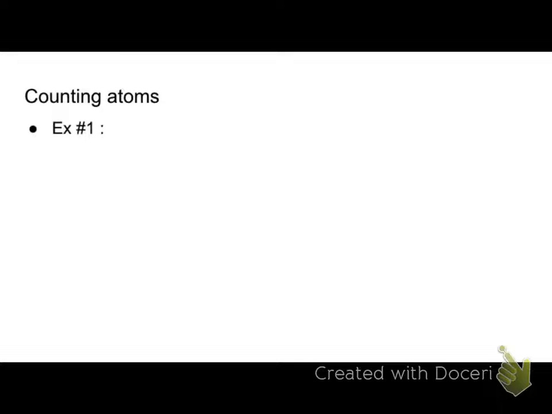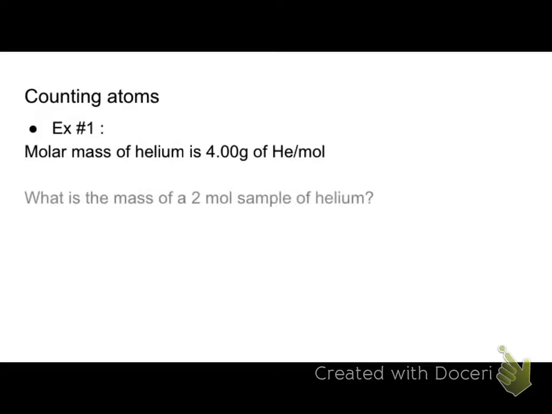So, if we have a molar mass for helium, which we can get from the periodic table, of 4.00 grams, that means there's 4.00 grams in exactly 1 mole of helium. And I want to know what would be the mass in grams of a 2 mole sample of helium. Then I can convert like this.